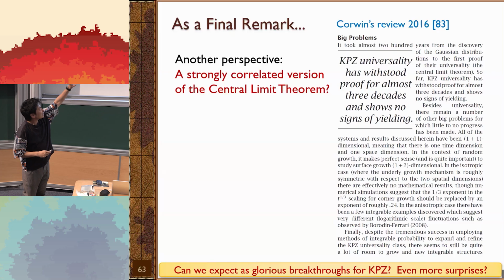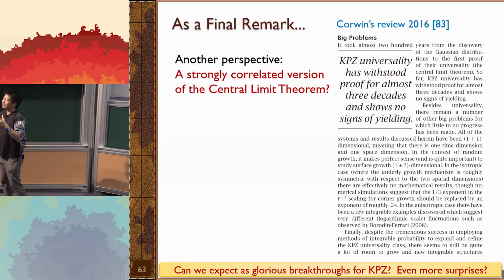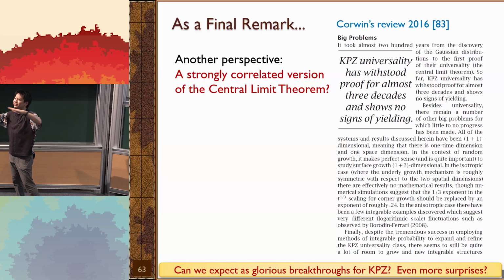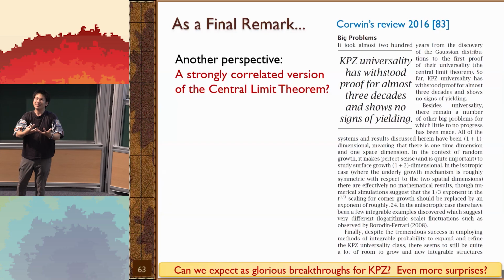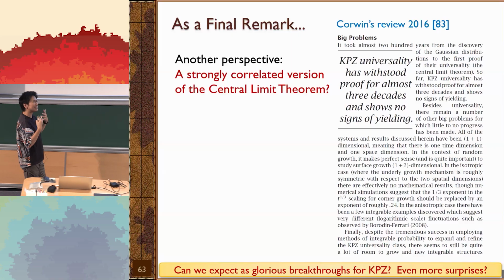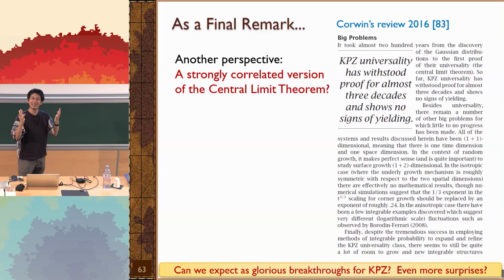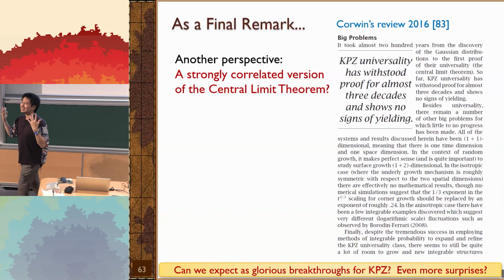Somehow, the KPZ class, or the Tracy-Widom distribution especially, seems to appear in many apparently different problems. But in all these cases, random numbers are strongly correlated. So the Tracy-Widom distribution tends to appear in such strongly correlated problems, and this seems to have some universality for this kind of statistical problem.